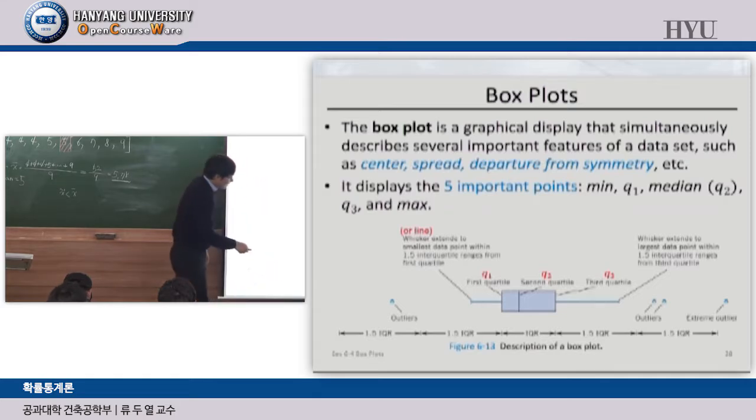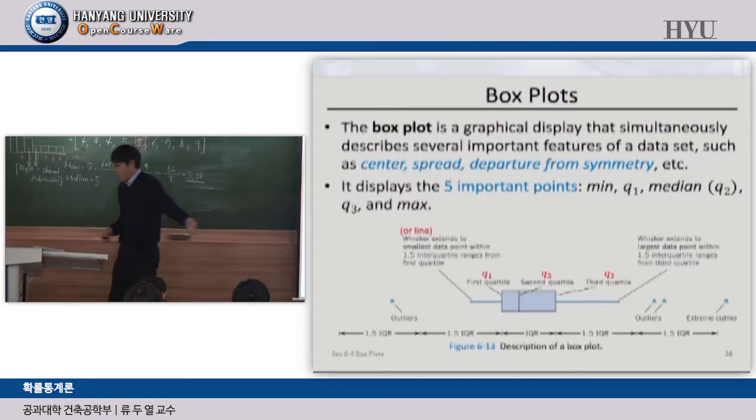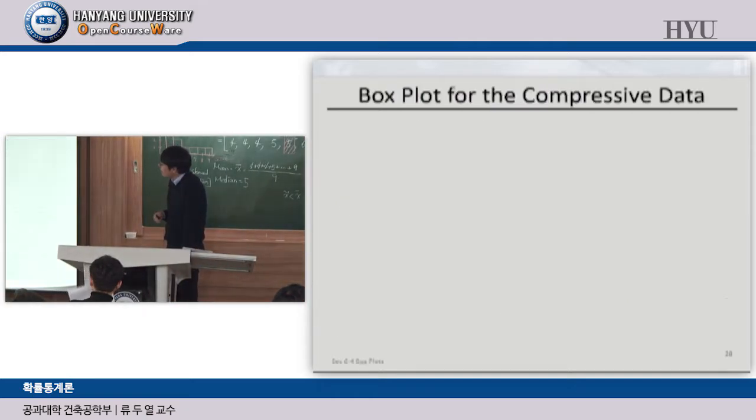So, this is the schematic description of the box plot. This can be well understood based on the next slide. And this is the box plot for the compressive strength data.